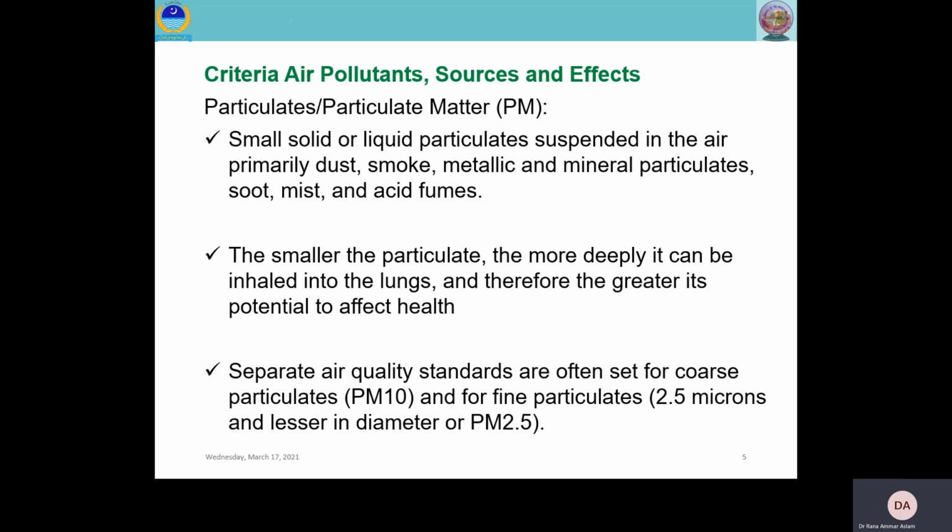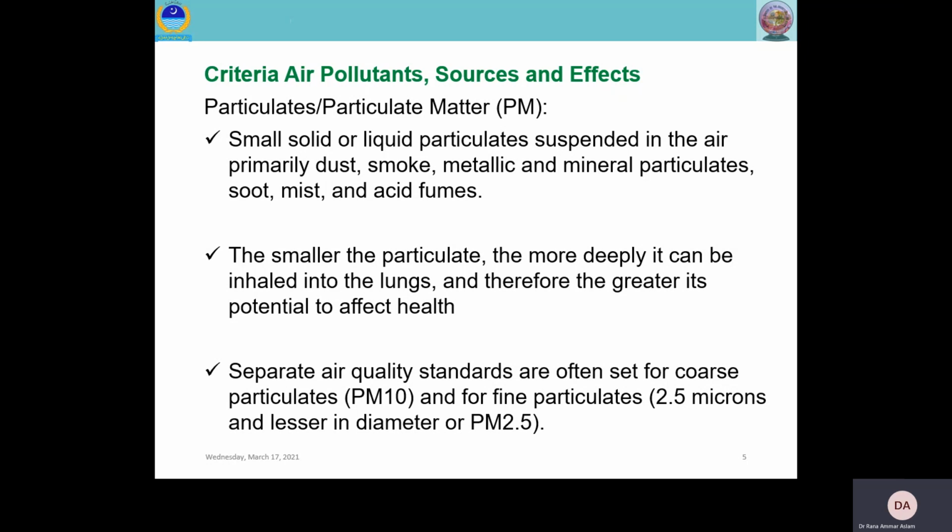Those particulate matters which are larger in size can be visible, they can be dark in color, and you can see them with your naked eye. However, those particles which are smaller in size, you can't see with your naked eyes. You even need to use an electron microscope to study them, right? So if we talk about their size, they can be smaller or larger.